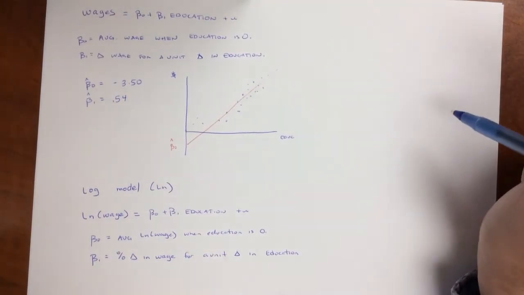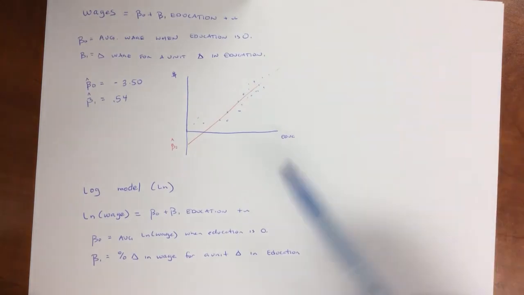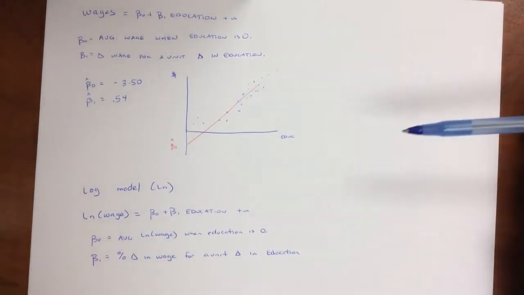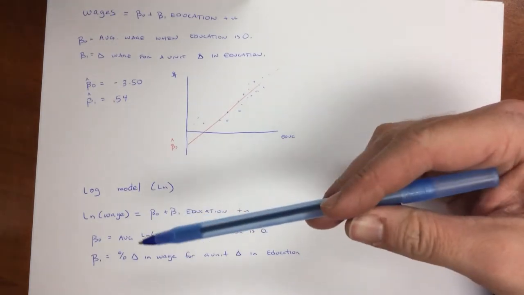And so this is the big key: when we use log, it's not just going to be the change, it's going to be the percent change in wage. All right, so that's helpful to tell us what's going to be our return on investment. For each year of school, what's the expected return that I get? And it'll be a percentage.